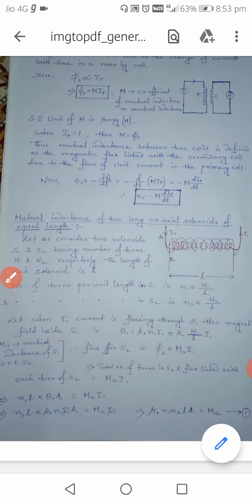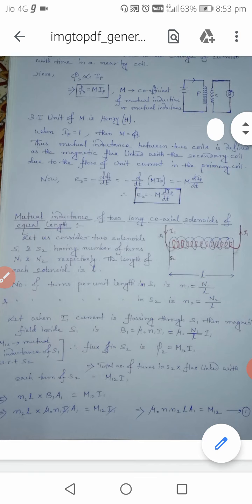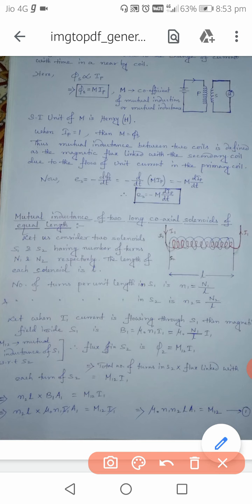Now the flux linked with S2. Since current is flowing through S1, S1 is the primary and S2 is the secondary. In this formula, phi S is the flux linked with the secondary, and here S2 is the secondary. So suppose the flux linked with S2 is phi 2, which equals M12 into I1, just this formula.